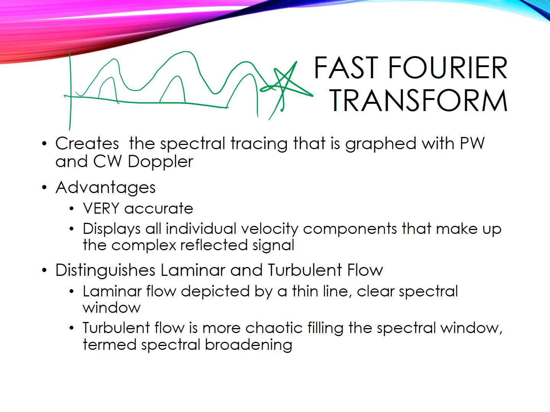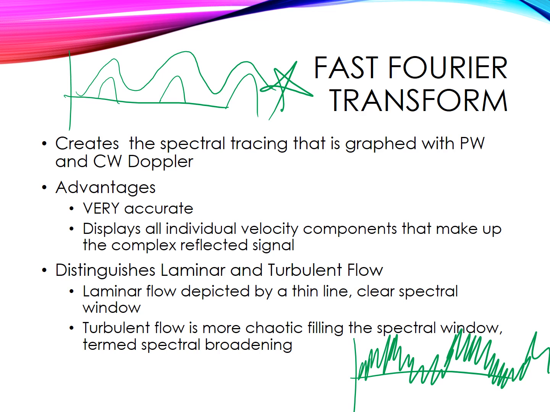Turbulent flow, though, is going to look more chaotic and it's going to start to fill in our spectral window. It'll start to look more like this. You'll still get a nice waveform in there, but it's going to be all over the place, really filling out that spectral window. And when we get that, we call that spectral broadening.